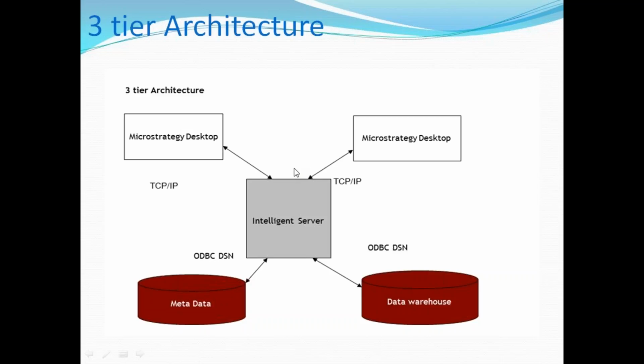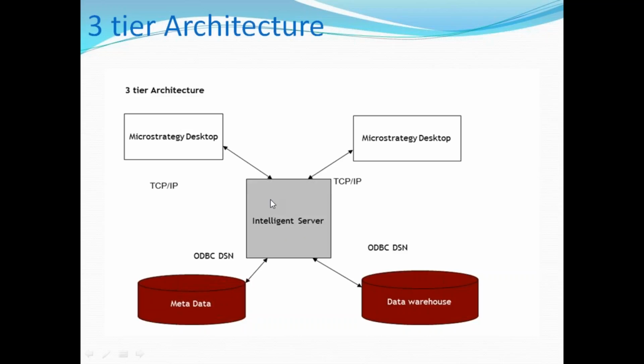In this way, the admin sets up a limit for each report, and that prioritization check is taken care of by your server. If multiple users are running, it checks which report has to run first, which second, and so on. That is taken care of by the Intelligent Server.